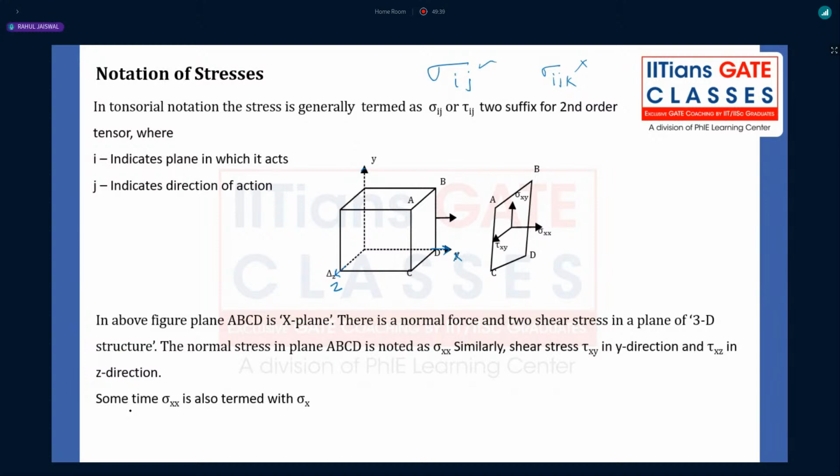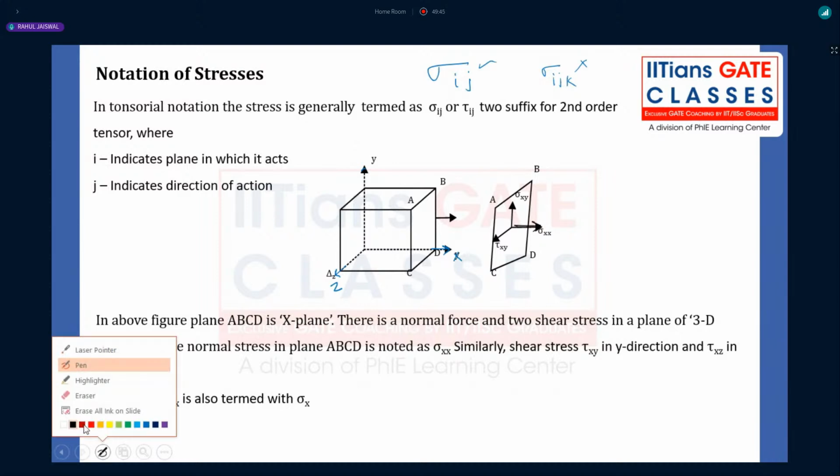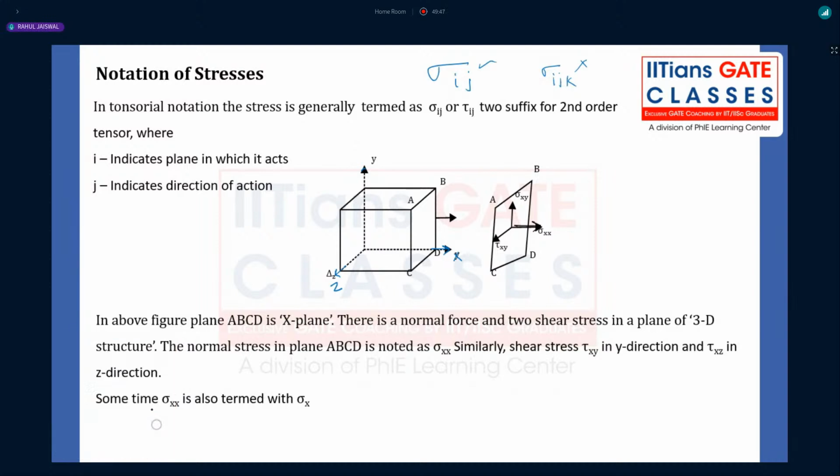In this figure, if I say sigma xx on the ABCD plane, what are we actually saying? The first x is denoting the plane, sometimes we also call it the face, and the second is denoting the direction. So how to read that? The normal stress which is being developed on the X face in the X direction.